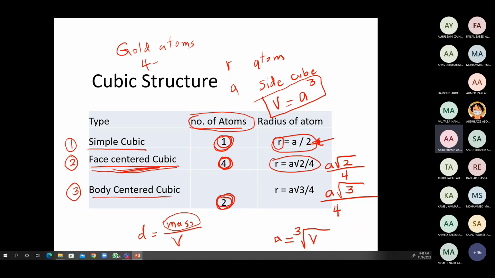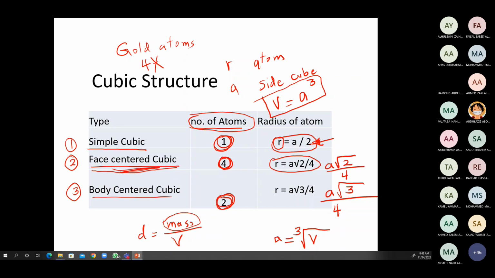What's the mass of these 4 atoms? 4 times what? Molar mass. What is the molar mass of gold? It is Au.